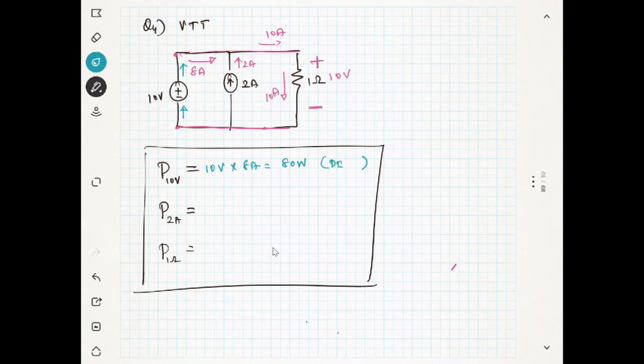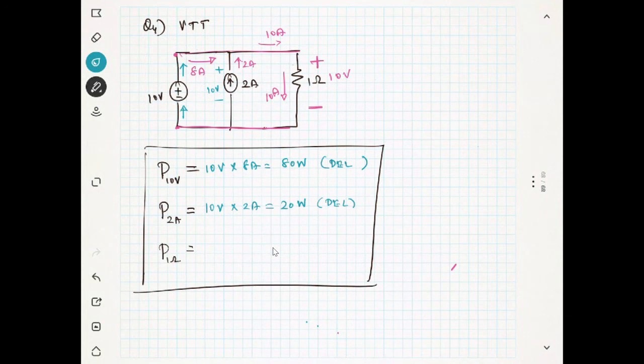Yes, it is delivering the power. And what about the 2 ampere? For the 2 ampere, the voltage will be plus minus 10 volt. So 10 volt multiplied by 2 ampere is 20 watts. It is also delivering. That's the example that you have asked me, whether 2 sources can deliver.